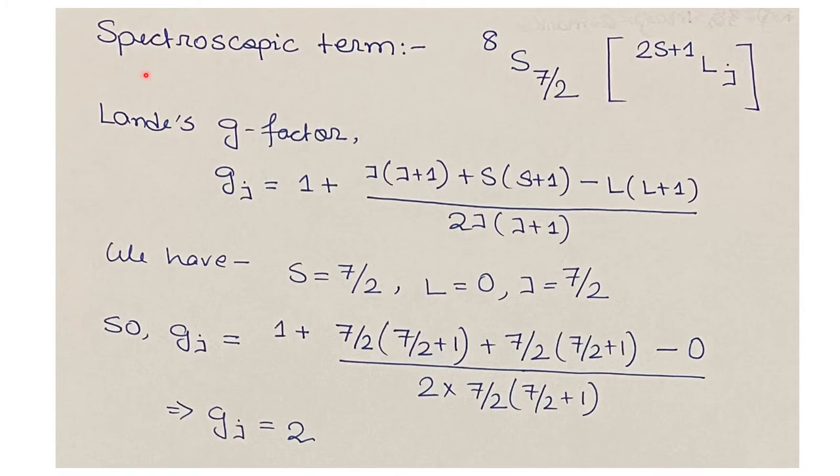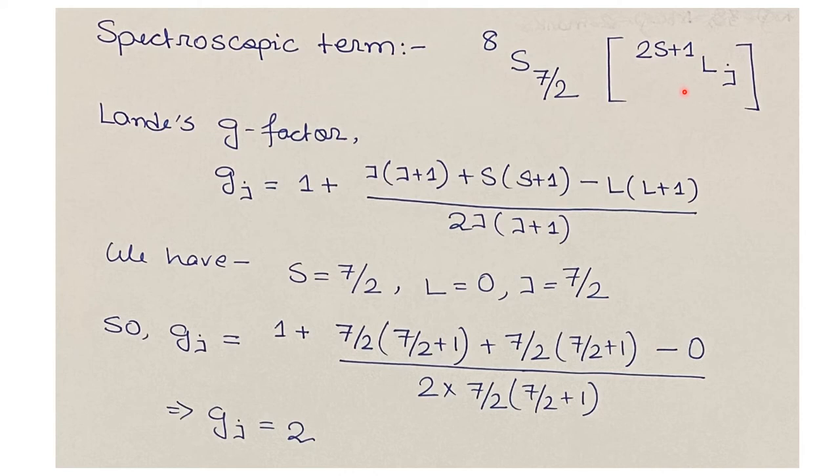Now the spectroscopic term for the atoms with valence electronic configuration f7 is given by 8S7/2. This spectroscopic term is generally represented in the form 2S plus 1, L, J. In our case, the S value is 7 by 2, so 2S plus 1 will give 8.